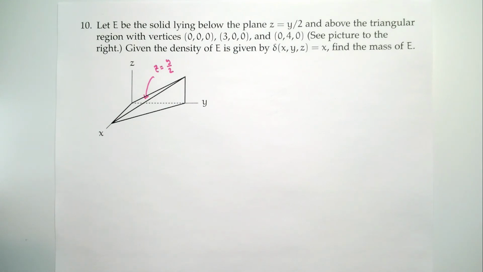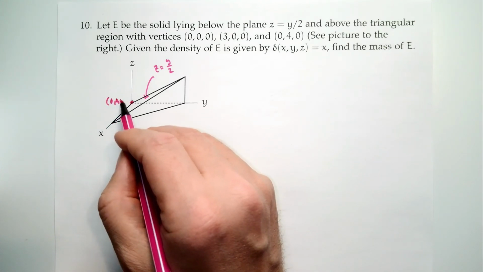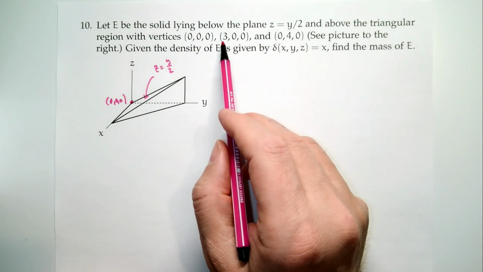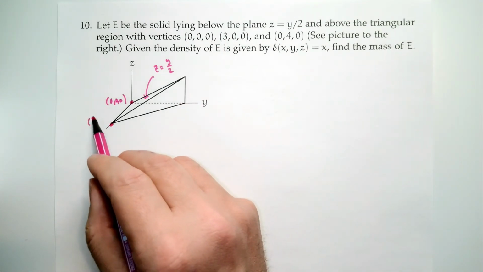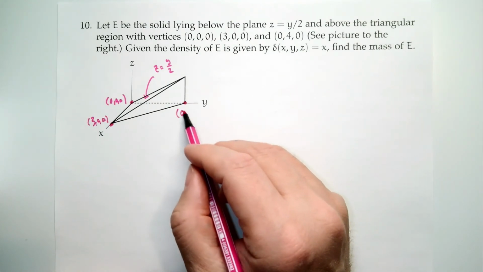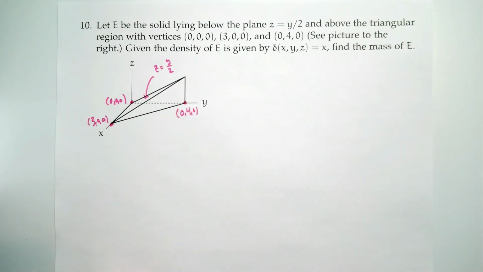All right. And the vertices are at 0, 0, 0. That's this one way back here. At 3, 0, 0. So that's at x equals 3. And then y and z are both 0, and then 0, 4, 0 is over here. So there's our picture. It's a nice tetrahedral shape.